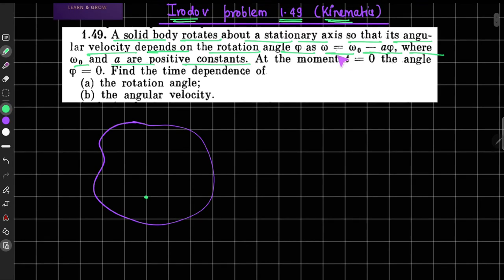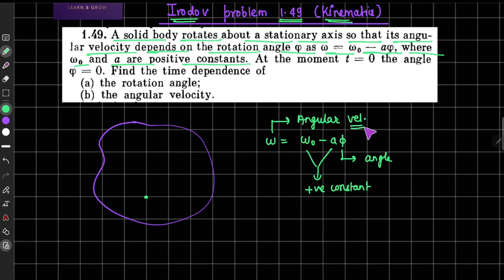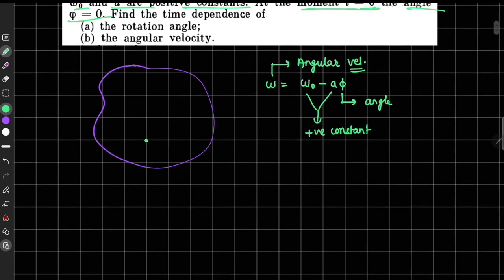Omega is given as omega is equal to omega naught minus a phi, where omega naught and a both are positive constants, phi is the rotation angle and omega is the angular velocity. It is also given that at the time moment t is equal to 0, the angle phi is equal to 0.